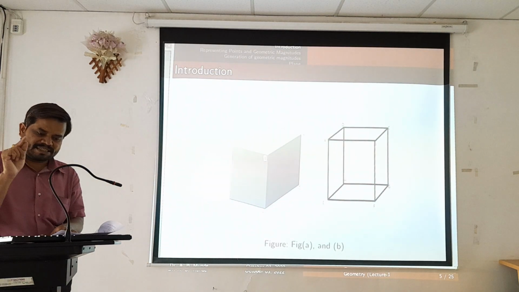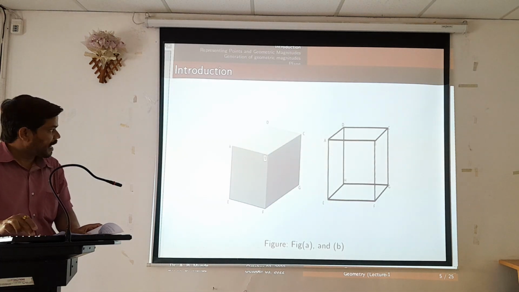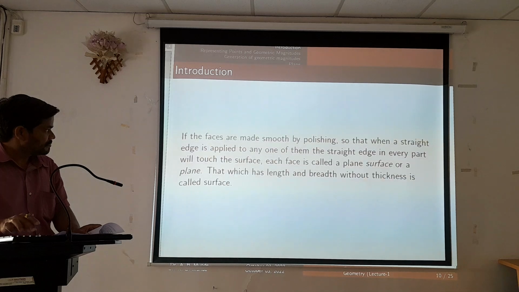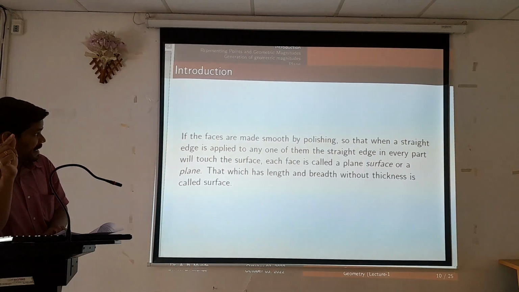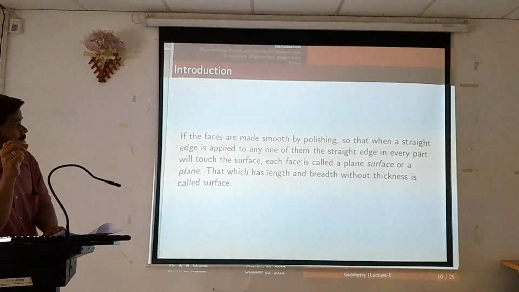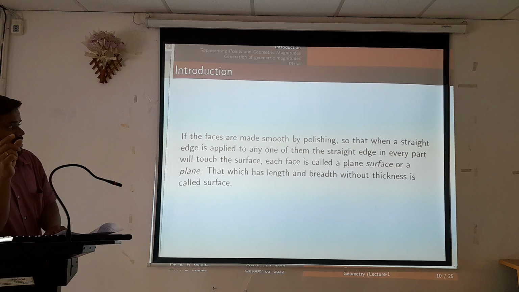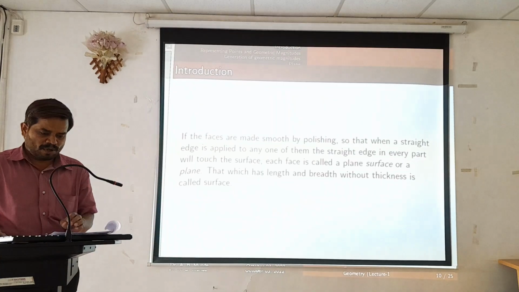So if the faces are made smooth by polishing, so that when a straight edge is applied to any one, then the straight edge in every part will touch the surface. Do you understand what is meant by this?